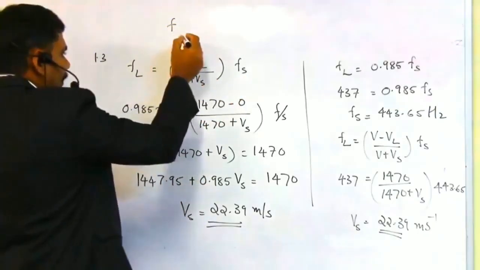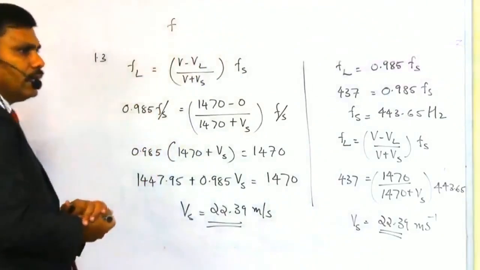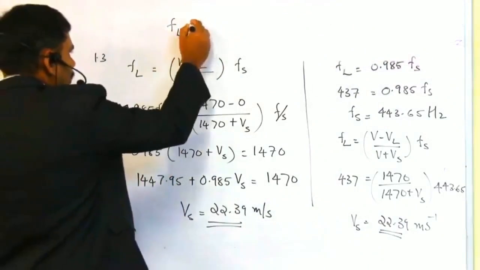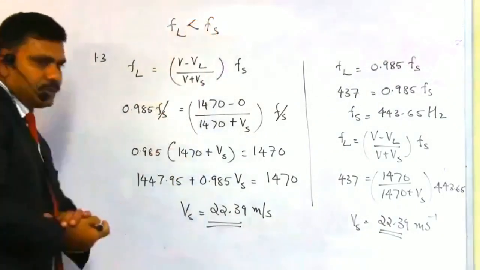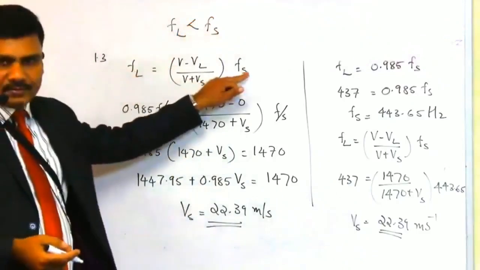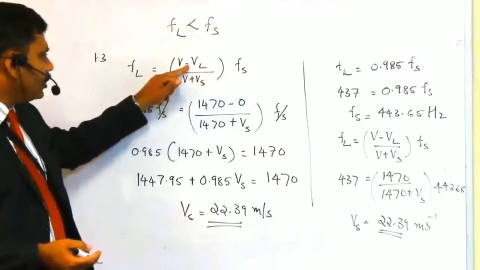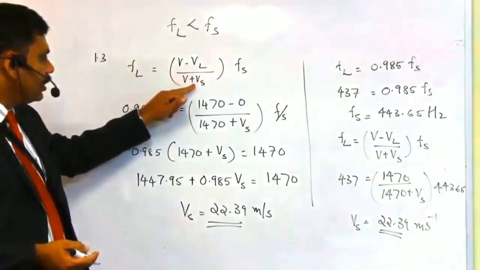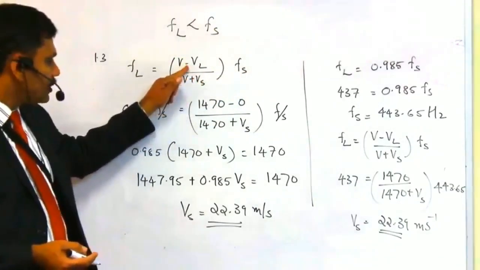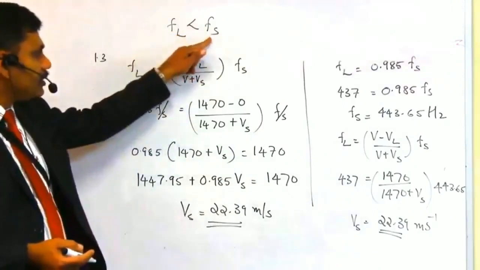The submarine is the listener, and the frequency detected by the submarine is less than the frequency of the source, so FL is less than Fs. That's why there is a minus sign in the numerator and a plus sign in the denominator.